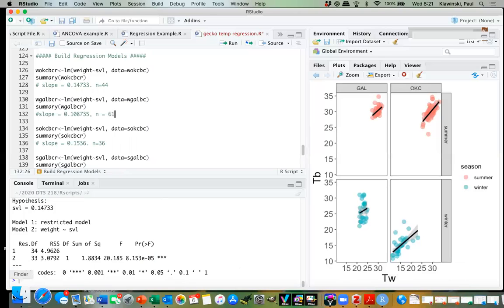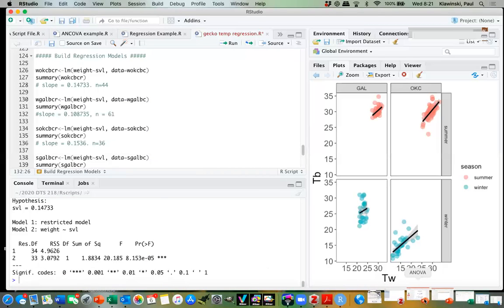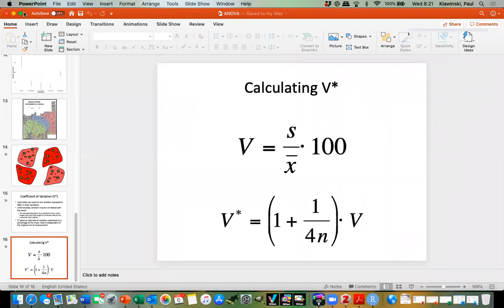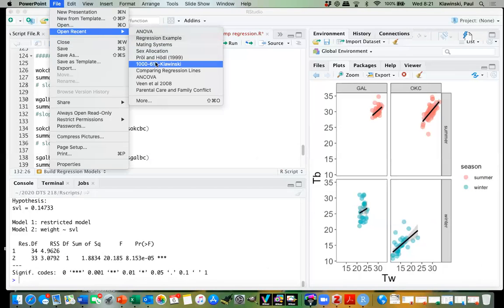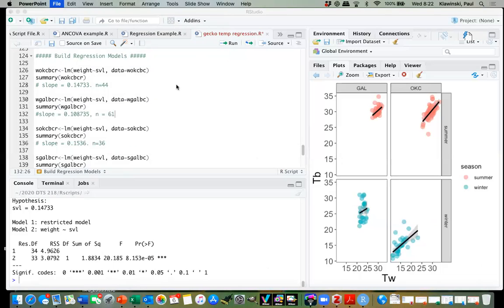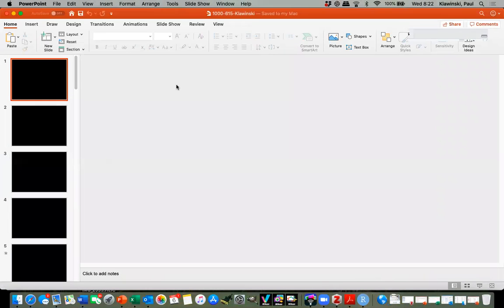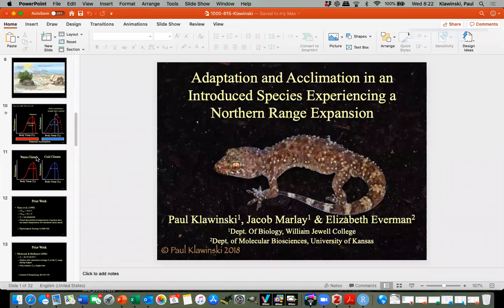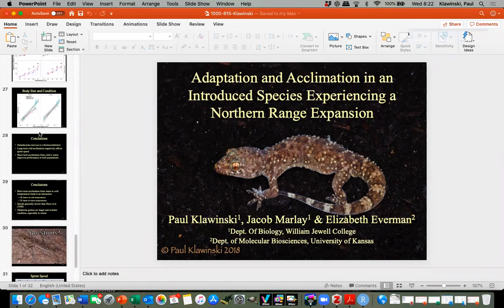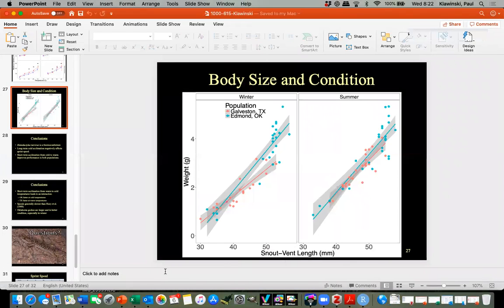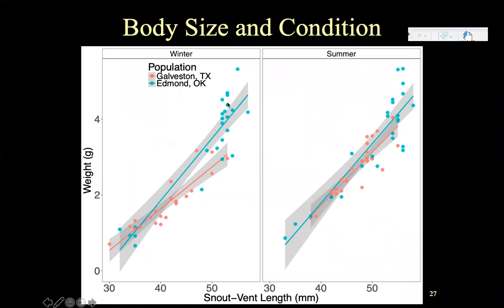And when you go and look at the data, I showed you this graph earlier. This comparison that we just looked at is winter, Oklahoma City versus Galveston.